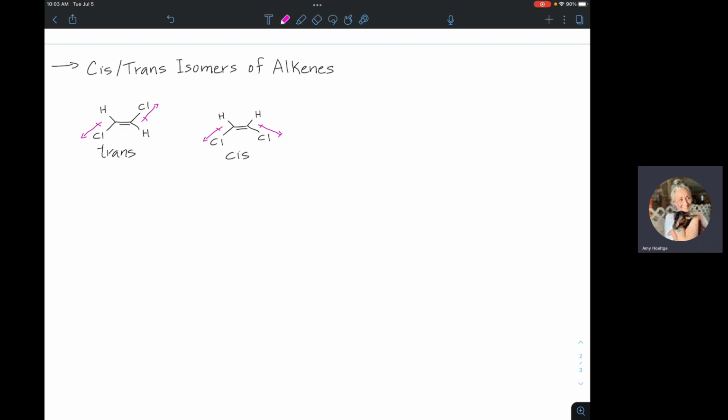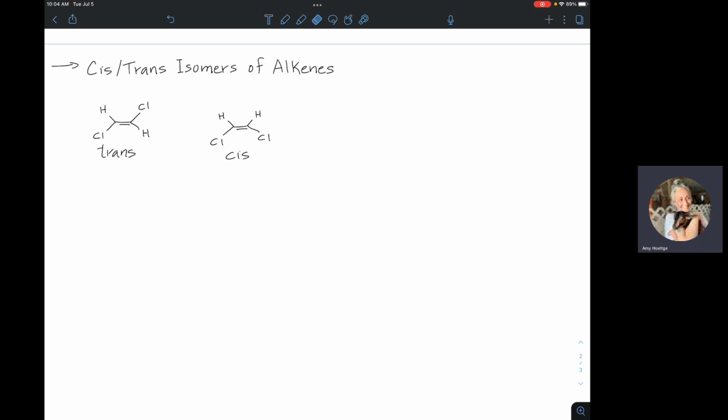So your cis isomer is going to be more polar, and that's going to affect some of its physical properties. So for example, the cis isomer is going to have a higher boiling point than the trans isomer, right? So these different isomers are going to matter to us when we get into doing chemistry with these molecules.